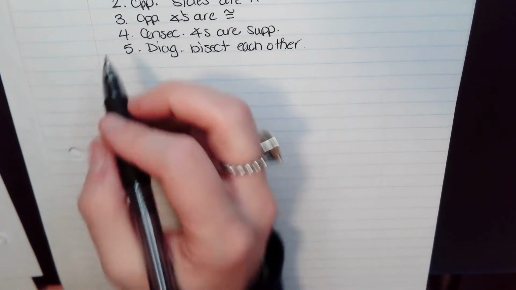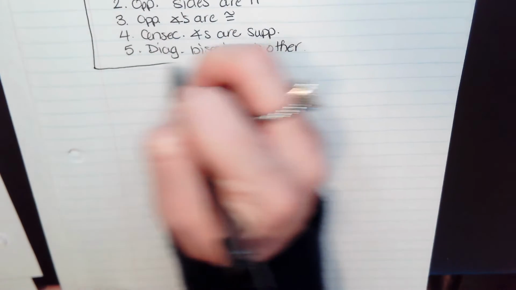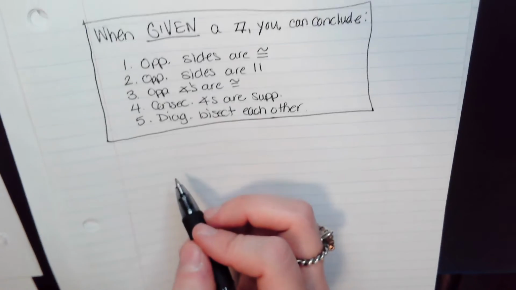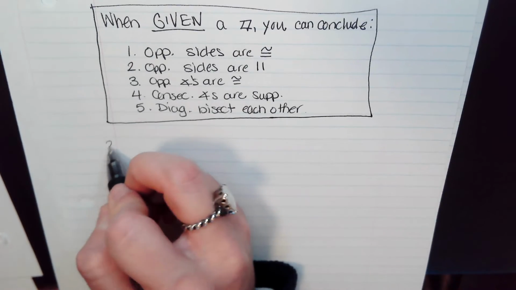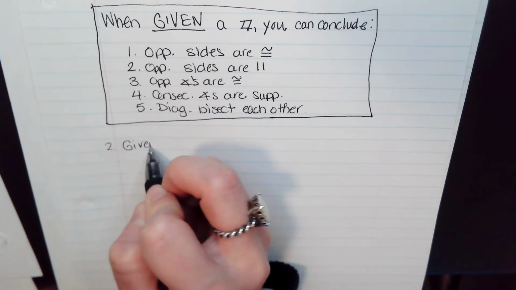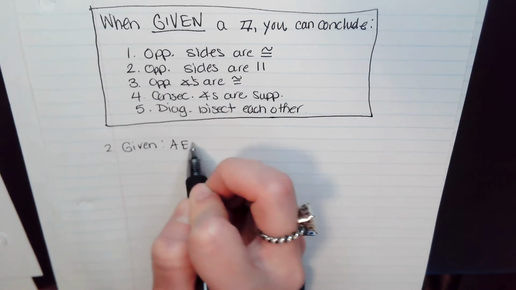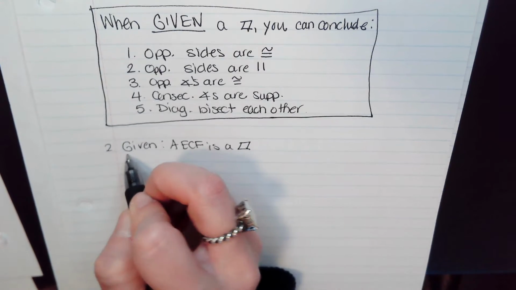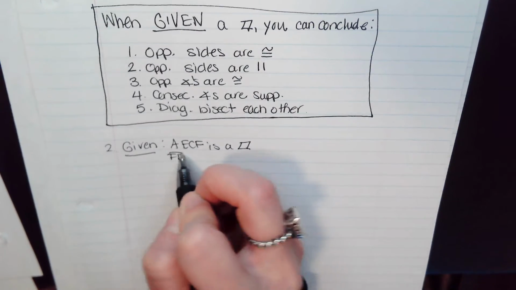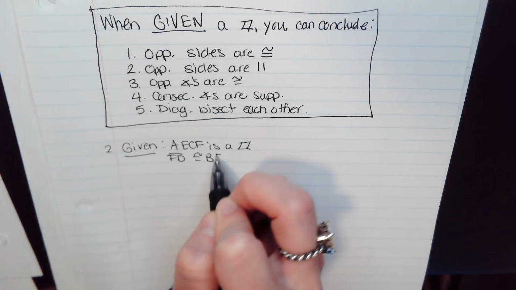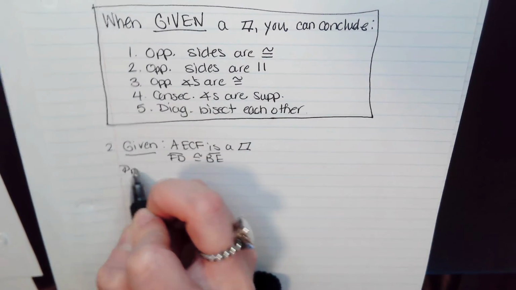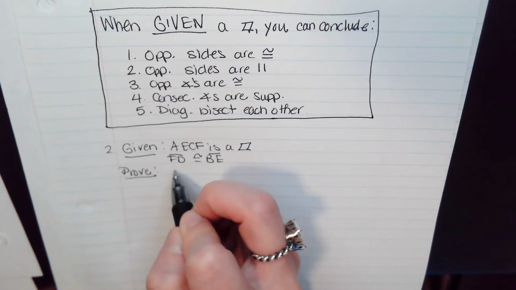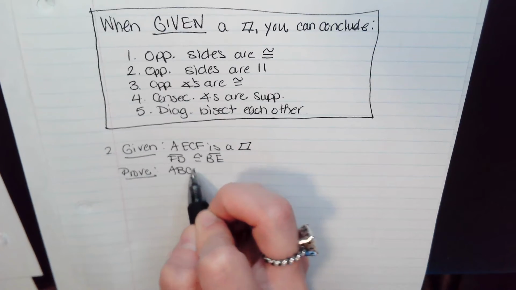All right, now let's do a proof using these. So this will be number 2. Given AECF is a parallelogram and segment FD is congruent to segment BE, prove ABCD is a parallelogram.